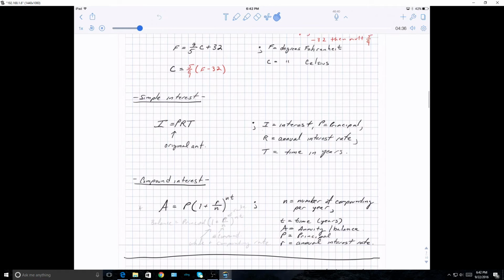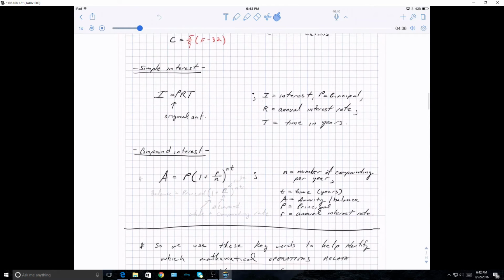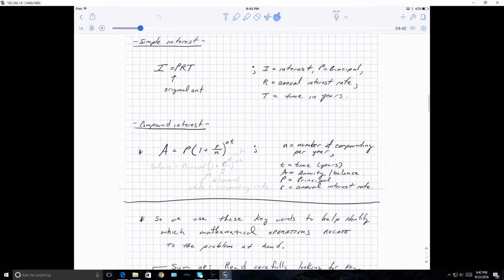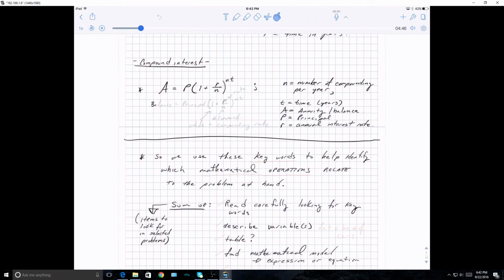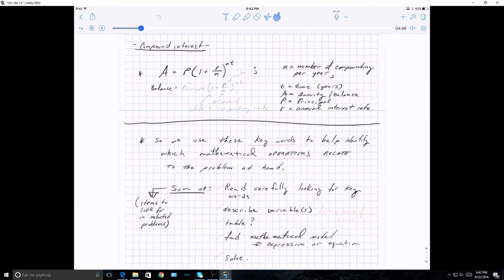Compound interest is given by the formula here, in which case the balance equals the principal times 1 plus the compounding rate, so that's an R. I know it looks like an N, but I'm going to make sure it looks like an R, and that's an N. So what is N?